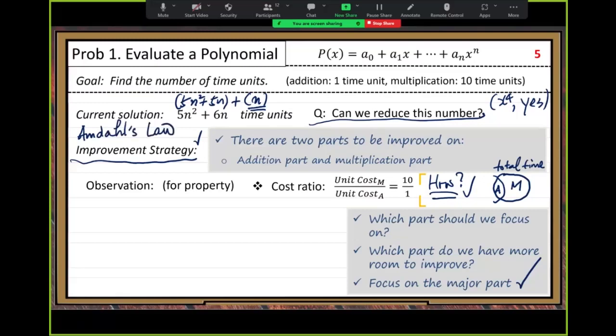It talks about a general principle: when you need to improve the efficiency of a general computing task, you should focus your investment or your resources on the most common part. That's Amdahl's law.